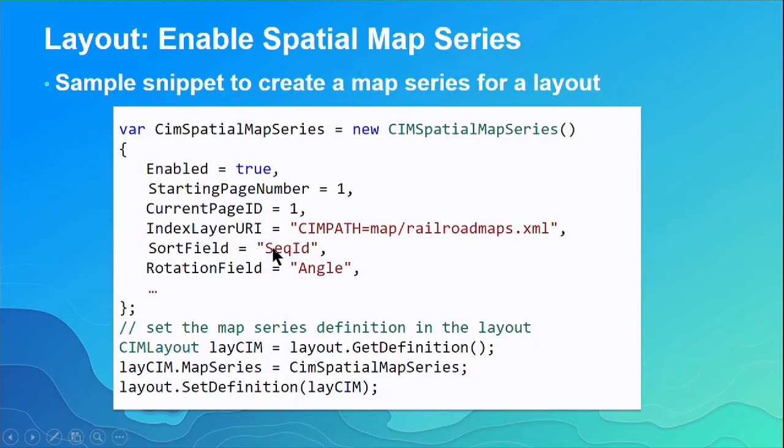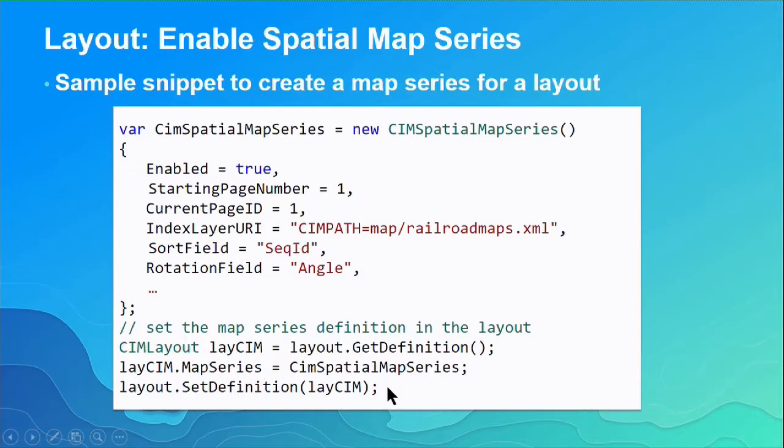Then this is the sort field, so this has to be a unique ID for each one of my polygons. And here I have the angle field, which determines the name of the field where I store my angle. And again, each polygon has to have one. Or, if I don't specify it, the angle will be 0. And then the current page, I want to display page number 1.